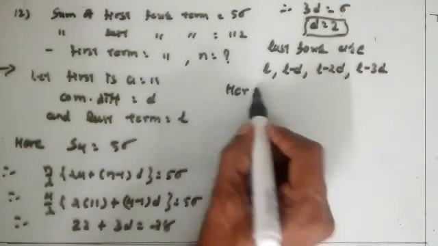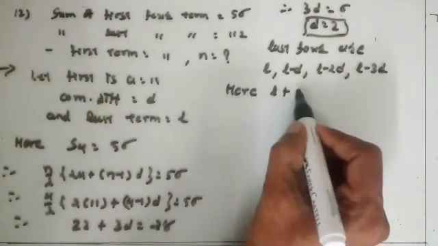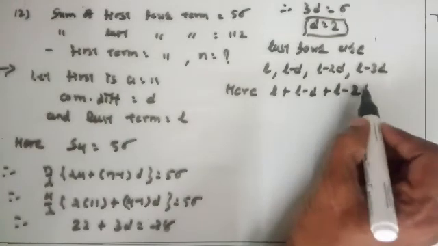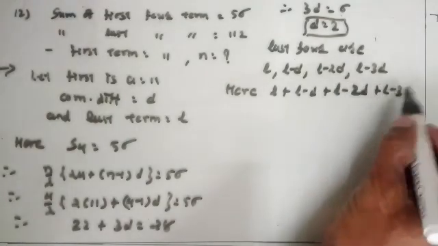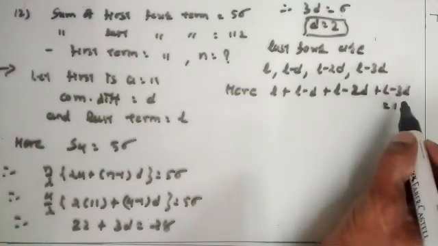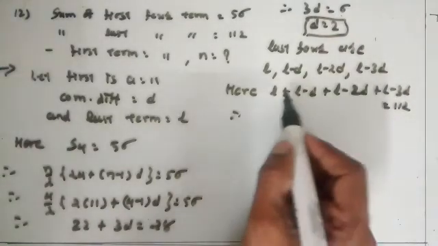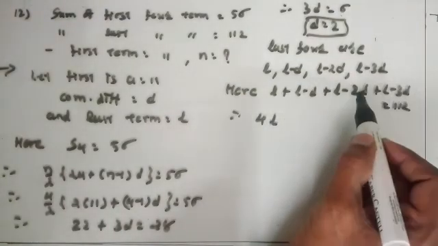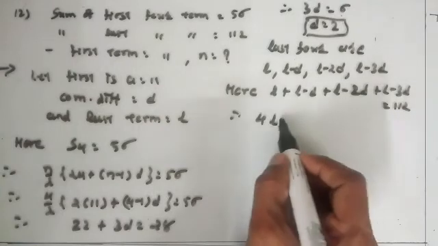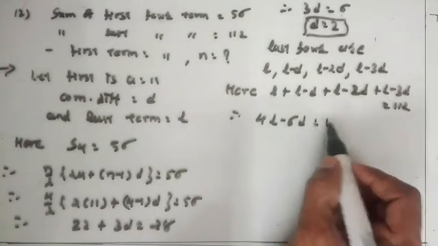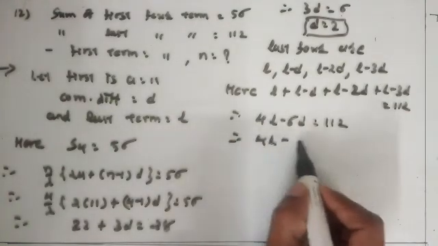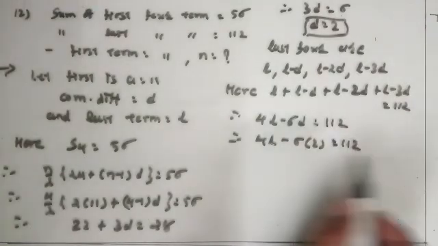Here the sum of all terms, L plus L minus d plus L minus 2d plus L minus 3d, is equal to the given 112. Therefore L four times, so 4L, then minus 3d minus 2d minus d, that is 6d, is equal to 112. Therefore 4L minus 6 into d, where d is 2, is equal to 112.